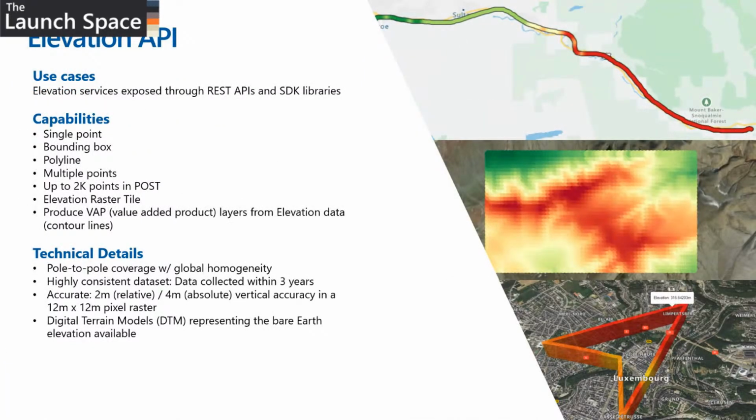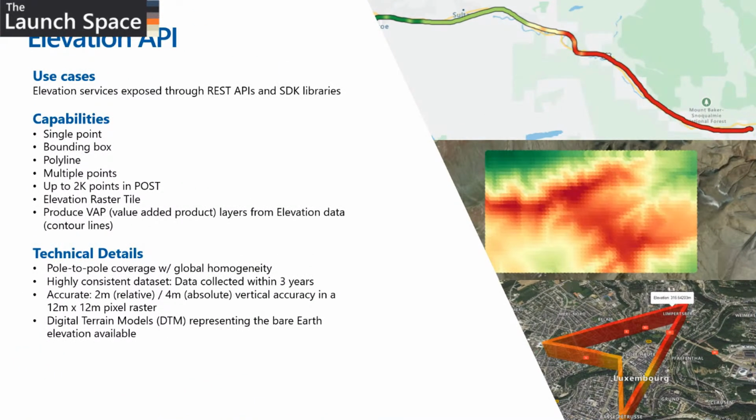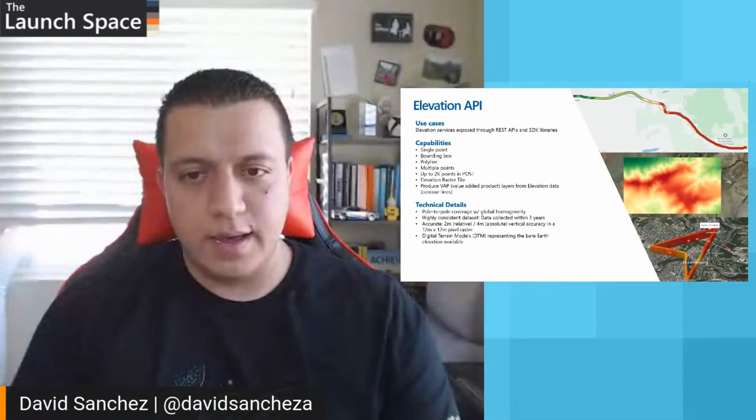Then we have the Elevation API. By the way, this API just became GA last week. With this feature, you can get the elevation point from any place on the globe. Use cases include, for example, the agriculture industry, if you have a specific planting or farm whose elevation you would like to analyze, or towers that you need to control for cell phone coverage.